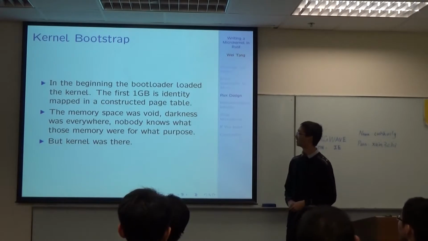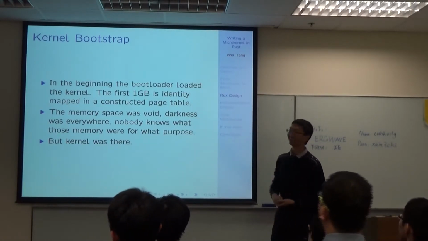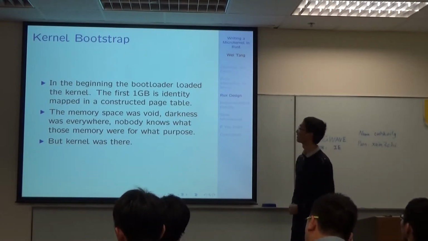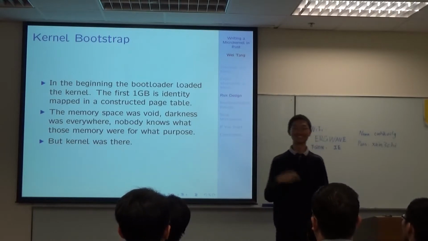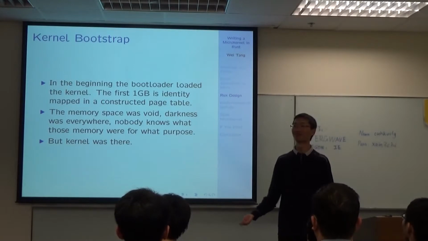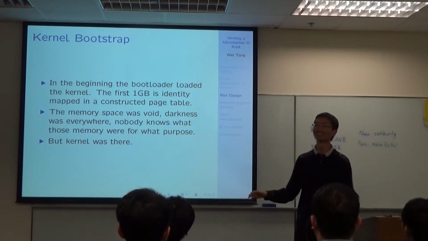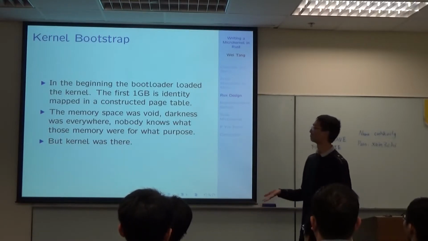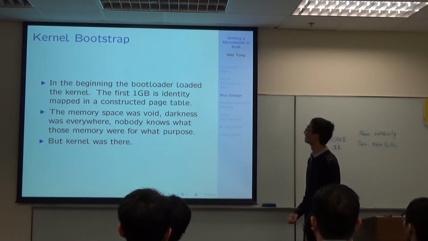In the beginning, this is also something really frustrating. In 64-bit mode, you need to have virtual memory, but you need some memory to manage other memories. So that's a little bit of a chicken-and-egg conflict.